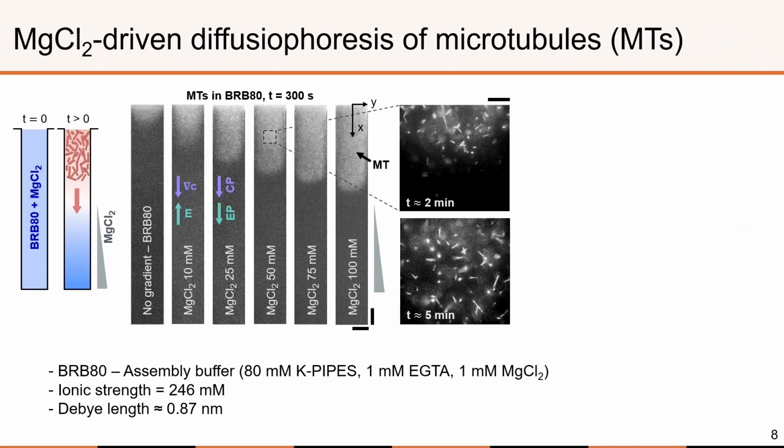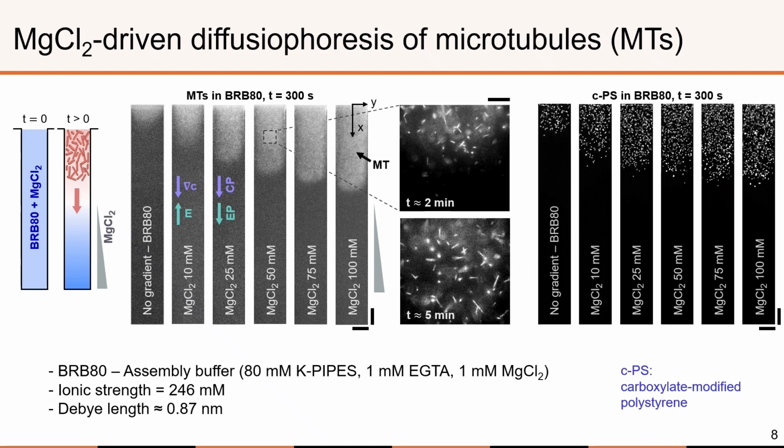We next conducted 2 sets of experiments using magnesium chloride gradients in BRB80 buffer. In the first set, we observed the response of microtubules under magnesium chloride gradients, and in the second set, we observed the behavior of commercial polystyrene microspheres. Both the microtubules and polystyrene particles move up the gradient of magnesium chloride.